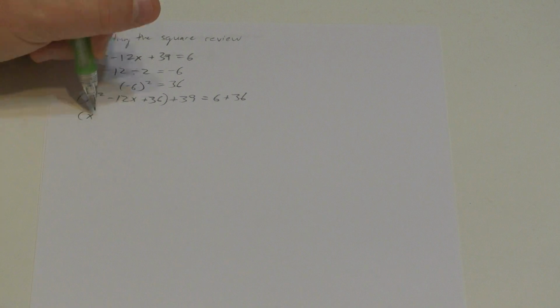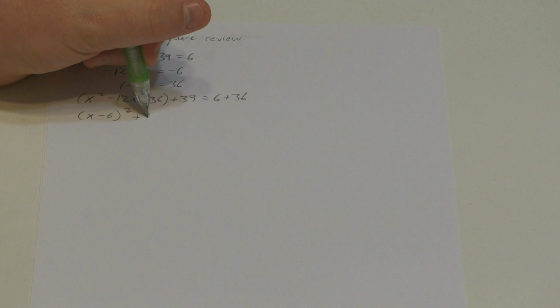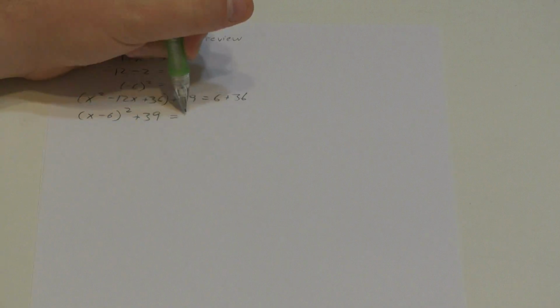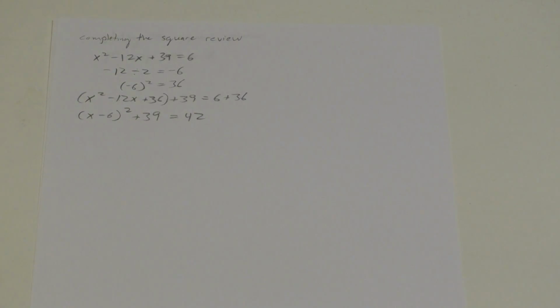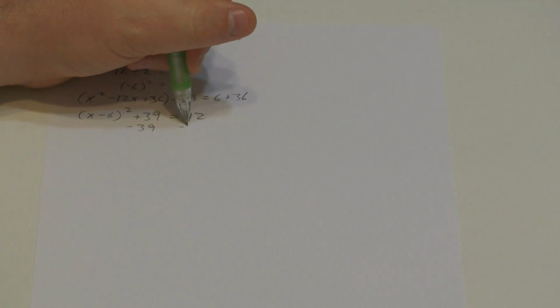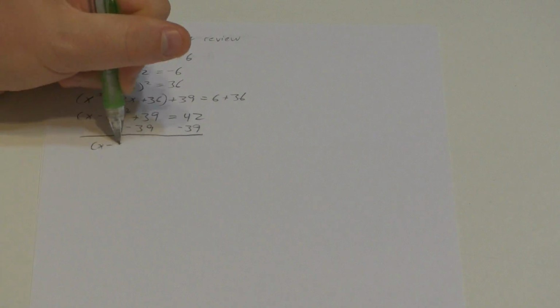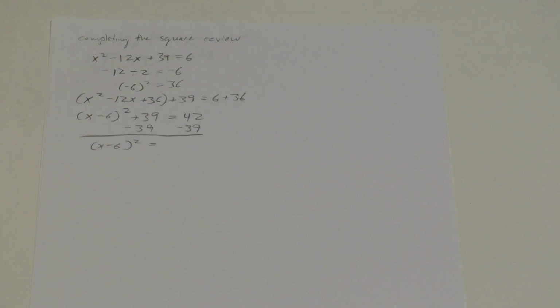Well, that's x minus 6, or x minus 6 squared, plus 39 equals 42. Okay, I'm going to subtract 39 on both sides. I have x minus 6 squared equals 3.